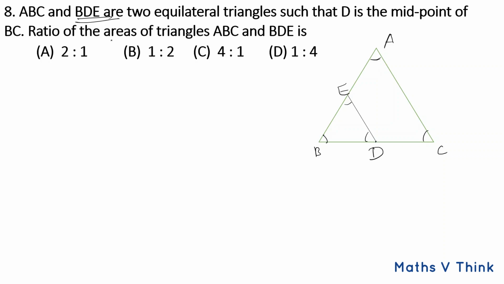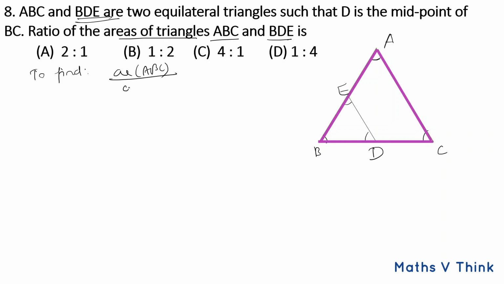So we need to find the ratio of the triangle ABC and triangle BDE. So to find this, ratio means division, area of ABC divided by area of BDE. To find the ratio of the areas of triangles, first we need to prove triangle ABC is similar to triangle BDE.